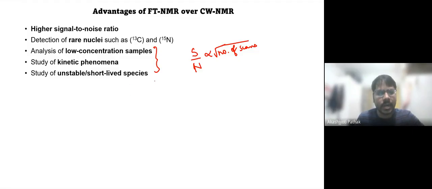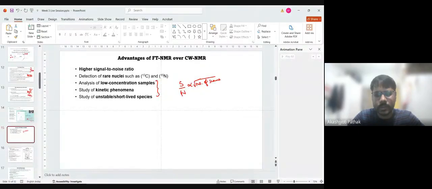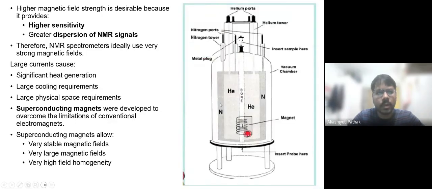We can study unstable or short-lived species.